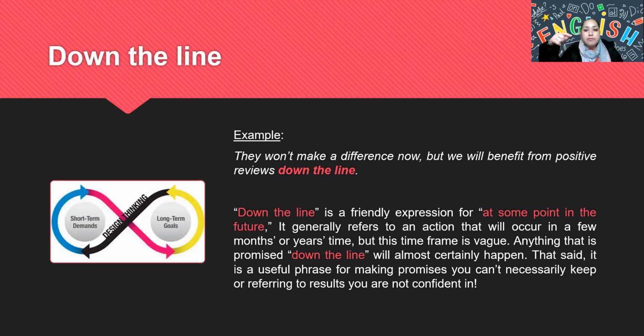Down the line is a friendly expression for at some point in the future. It generally refers to an action that will occur in a few months or years' time, but this time frame is vague. Anything that is promised down the line will almost certainly happen. Down the line.